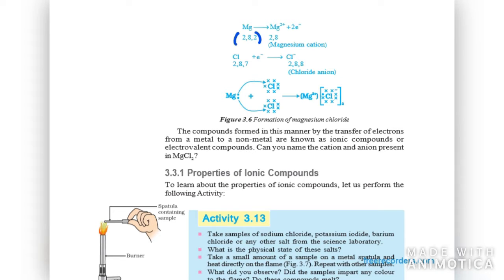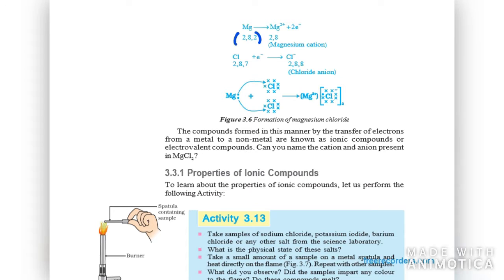Now Cl needs 1 electron to form a complete octet, or to form a chloride anion. So in this case it will gain 1 electron. Chlorine is a non-metal, so it has a property to gain electrons. It will gain 1 electron to form an octet in the last shell.